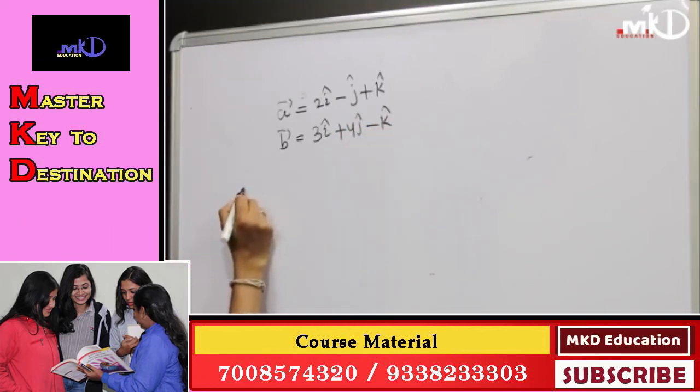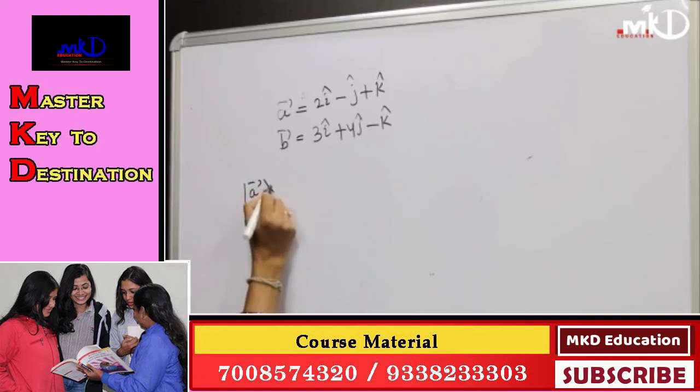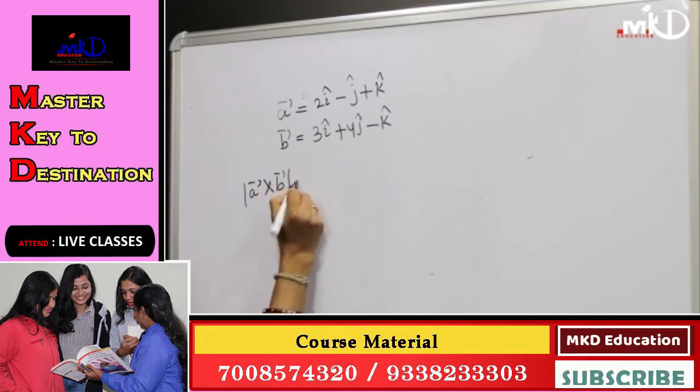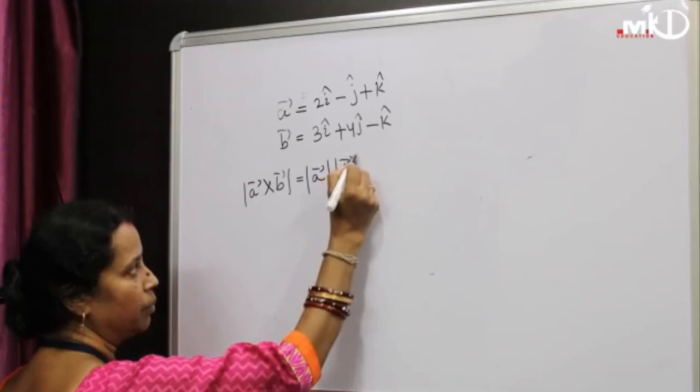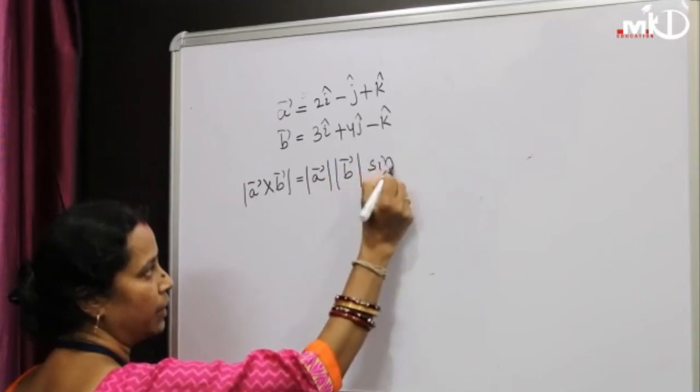The modulus of this vector is equal to modulus of a bar into modulus of b bar into sine theta.